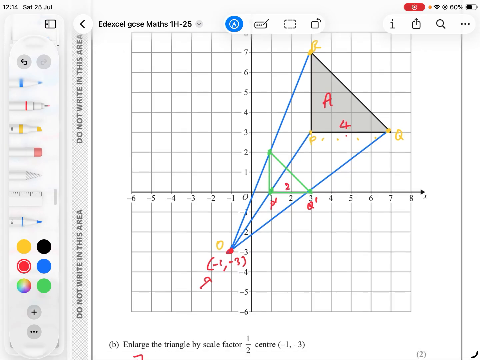So that is enlargement factor half. The green is the result after enlargement by scale factor half, you will get P1 Q1 R1. That is your answer. Thank you.